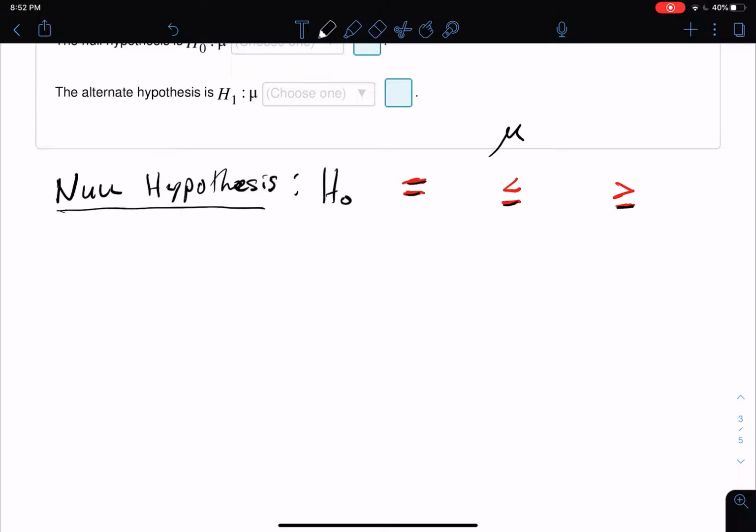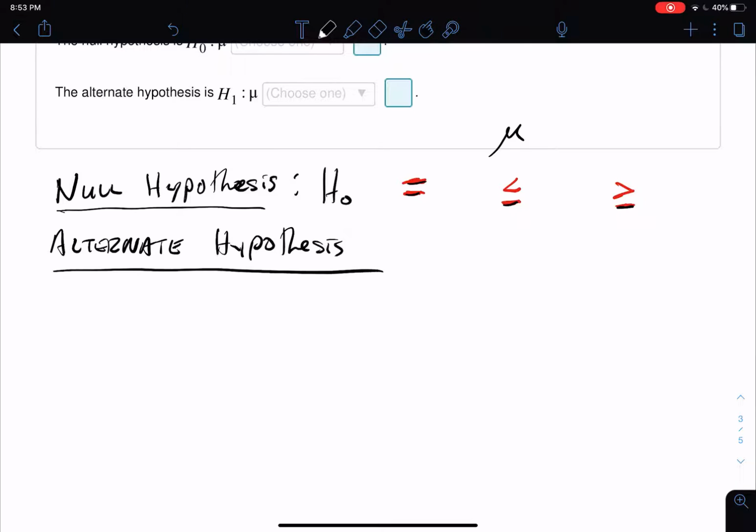And then the alternate hypothesis, the symbol we use for that is H sub 1.